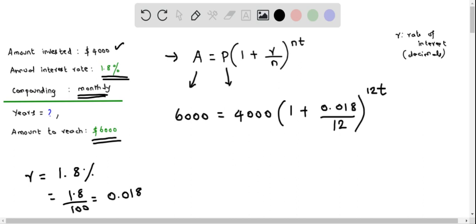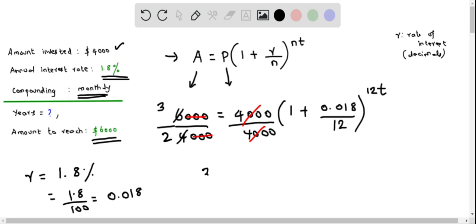We can divide both sides by 4,000. So I divide by 4,000 here, also by 4,000 here. So these 4,000 get cancelled, and so this reduces to 6 fourths, or we can say that this is 3 halves, because 3 times 2 is 6 and 2 times 2 is 4.